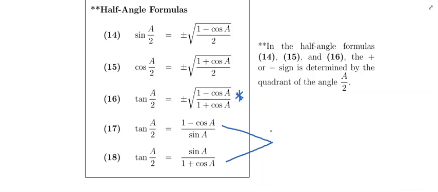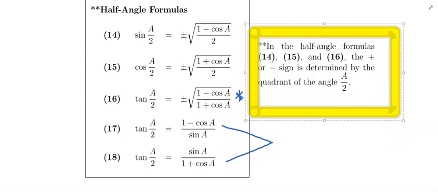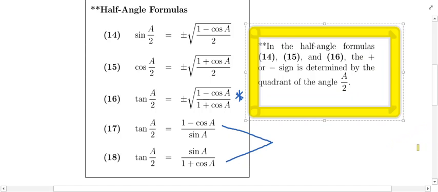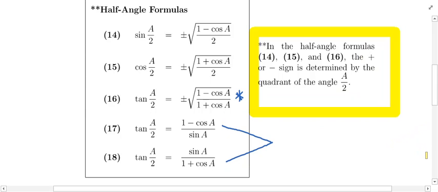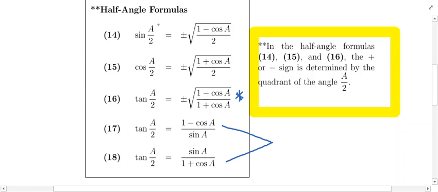The other thing I want to mention before we get some practice here is the plus or minus. What is that all about? If you read this note out to the side, it says, in the half angle formulas 14, 15, and 16, the plus or the minus sign is determined by the quadrant of the angle A over 2. Basically, the plus or minus is going to be determined by what's on the left side of the equation.